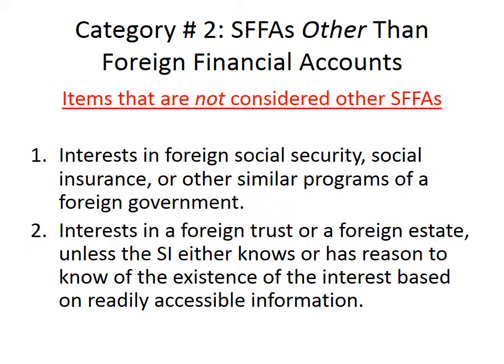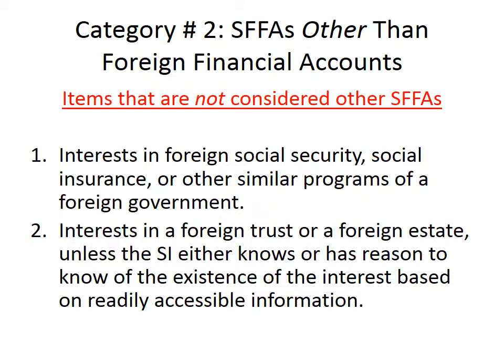So let's back up. Once again, category number 2 states that specified foreign financial assets other than foreign financial accounts are fair game and must be reported on a Form 8938. So just like in category number 1, we defined what foreign accounts were covered by the first category, and we also covered in category number 1 what items were not considered foreign accounts.